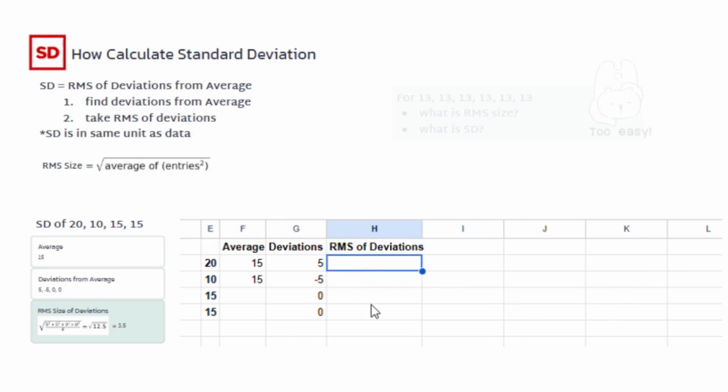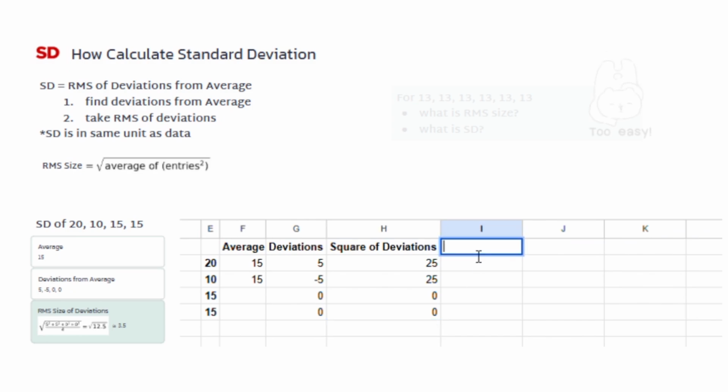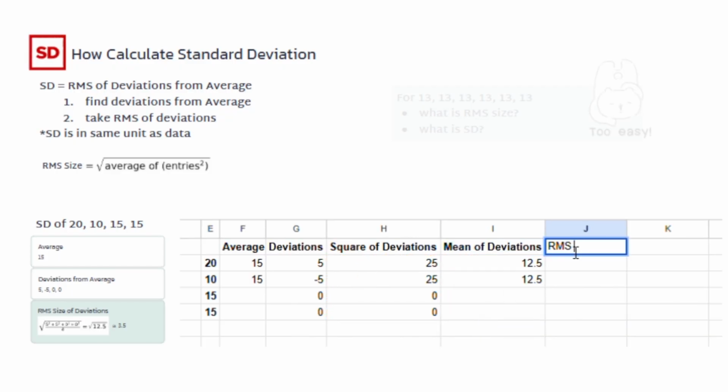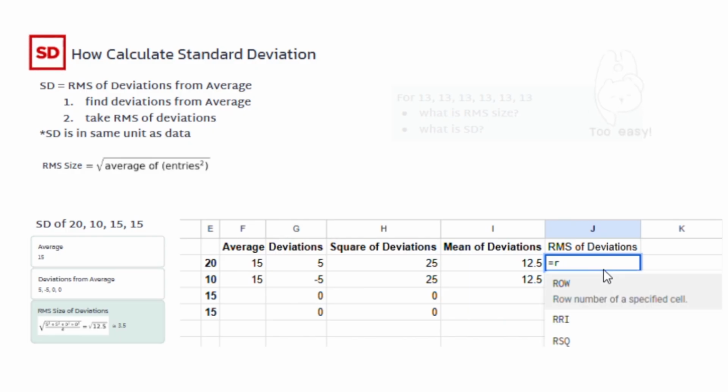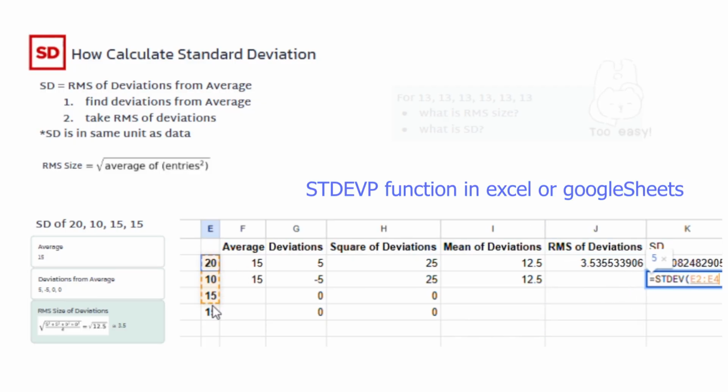You then take the average of these squares. And then you take the square root of the average of the squared deviations. That will be your standard deviation. Alternatively, if you want to use the function, you use the standard deviation for the population, and it will return your standard deviation for this list of numbers.